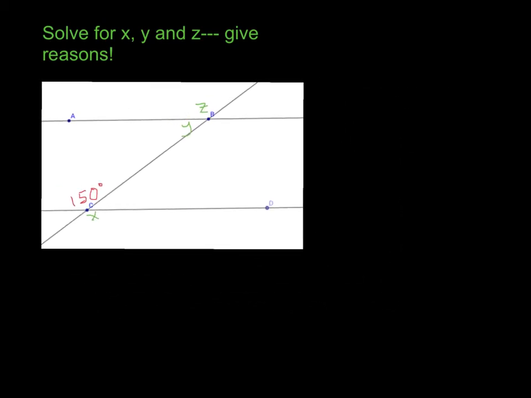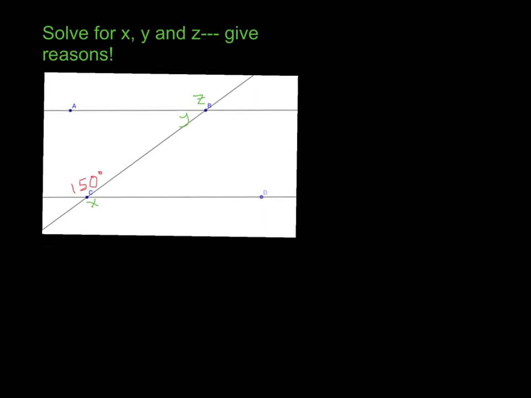So here we have 150 degrees. We have X, Y, and Z. The easiest one I see is angle Z, so we can solve for it first. I know that Z is going to be equal to 150 degrees.